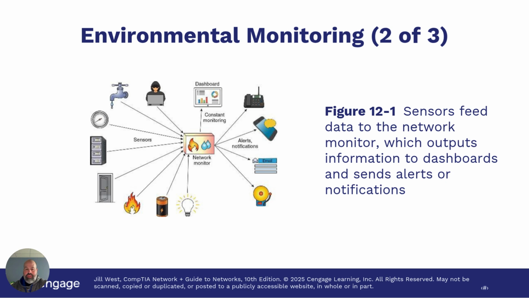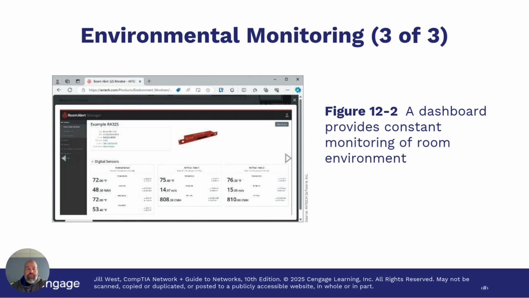Plus, it sends alerts and notifications when something's wrong, kind of like your phone telling you to check your email, except these alerts actually matter. Email notifications, text messages, even audible alarms, because sometimes you need your equipment to literally scream at you to get your attention.